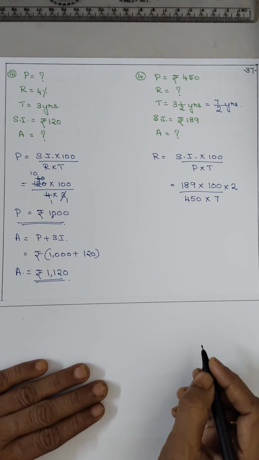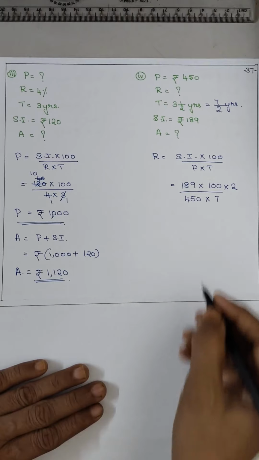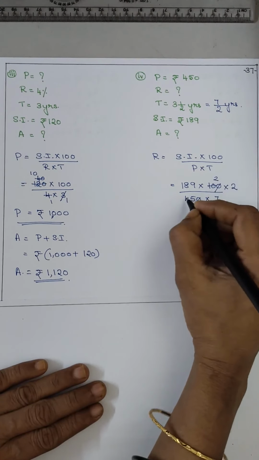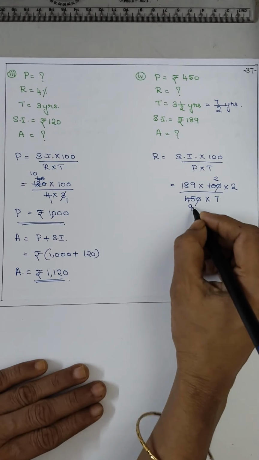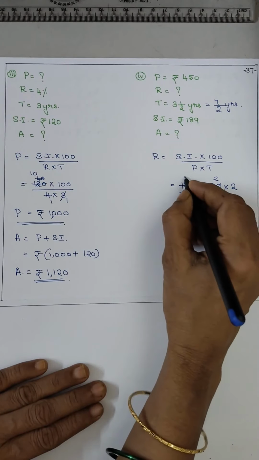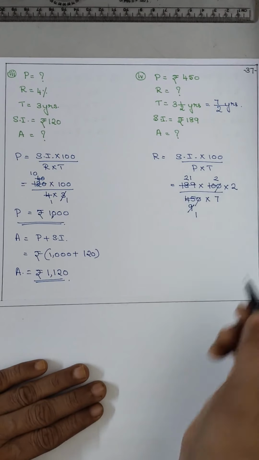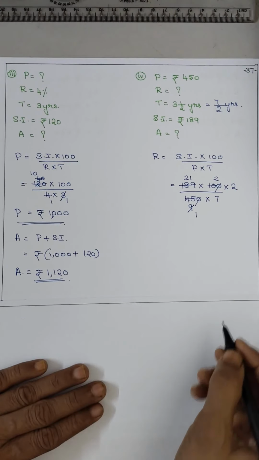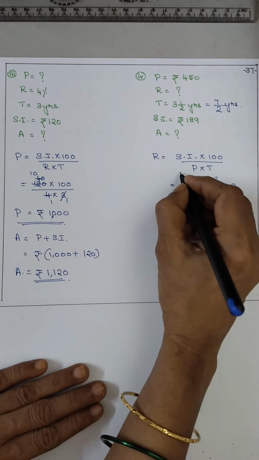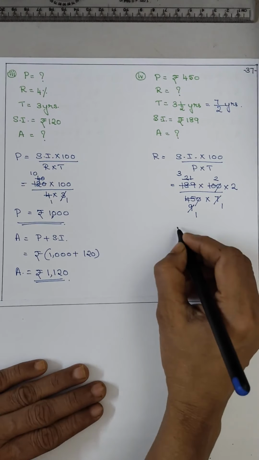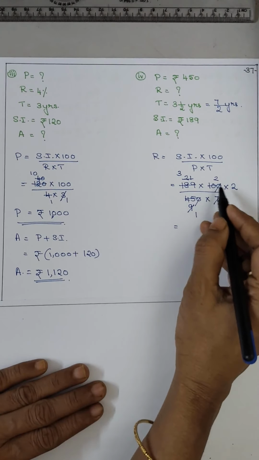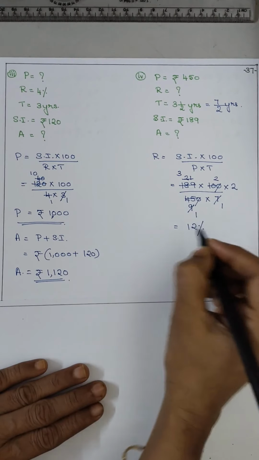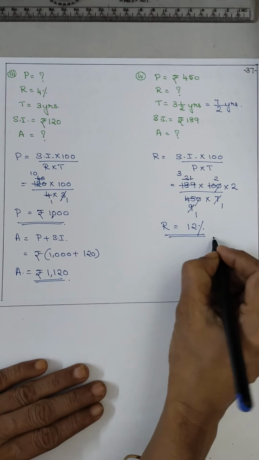Now cut the zeros. 5 9s are 45, 9 1s are 9, 2s are 18, 1s are 9, 7 1s are 7, 3s are. So you got 2 2s are 4, 4 3s are 12. So R is equal to 12%.